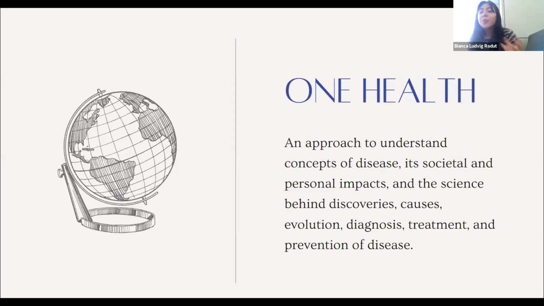So multiple aspects of One Health. It's a very interdisciplinary approach, which I think should be the future of how we solve problems in the world. So it's a really cool way to look at the world. And one way that students can actually apply this is through the Practicum project.